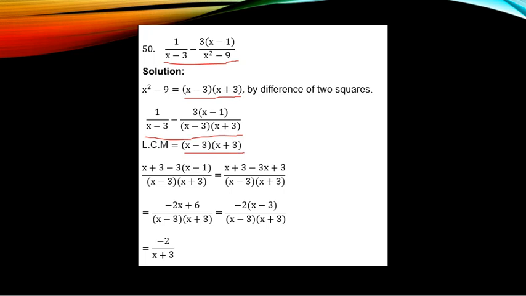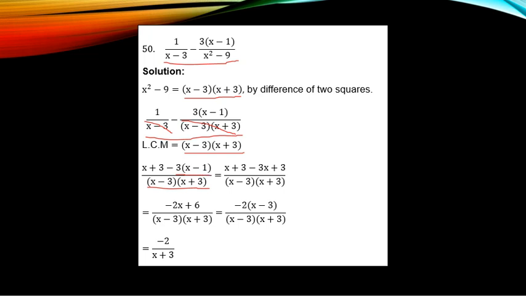So you write down the LCM. If you divide the LCM by the first denominator, you are left with s plus 3 that multiplies 1. So you have s plus 3. You divide the LCM by the second denominator, you are left with 1 that multiplies 3 into s minus 1.